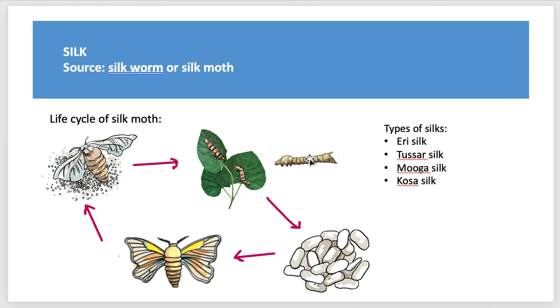Silkworms feed on leaves like mulberry leaves, and they form cocoons around themselves by using a protein which they secrete. And from these cocoons hatch silk moths, and then silk moths continue their life process. And then the fiber is actually in the cocoon stage or the pupa stage.